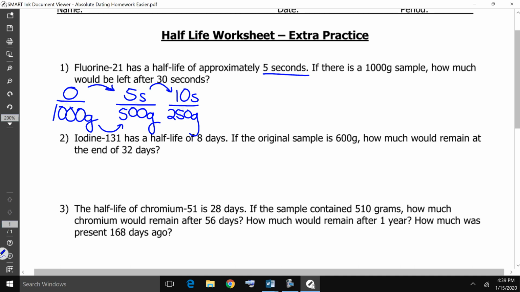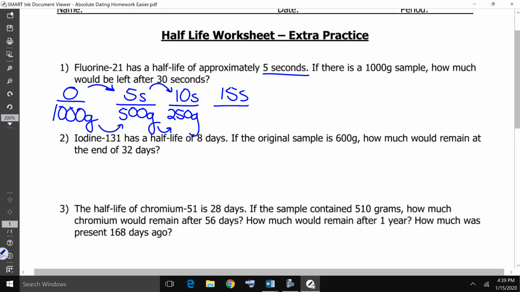So first half-life is 5 seconds. Second half-life is 10 seconds. Third half-life would be 15 seconds. Now it's this bottom part, the amount, right? The amount of the sample is decreasing. It is decaying. It is going down. Time always increases, the amount decreases.